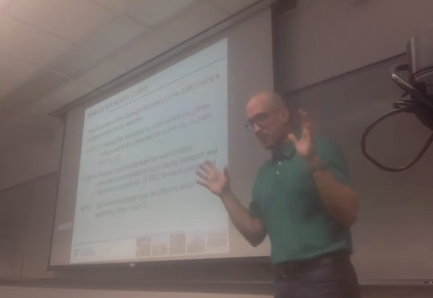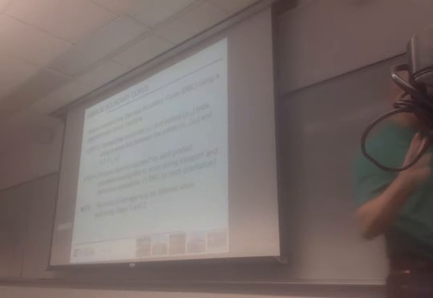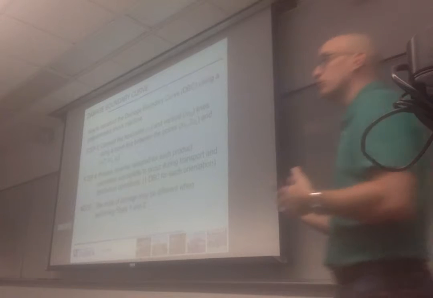If your product is manufactured in such a way that it is very unlikely that it's going to fall on a different orientation, then you can basically rationally argue against testing multiple orientations.